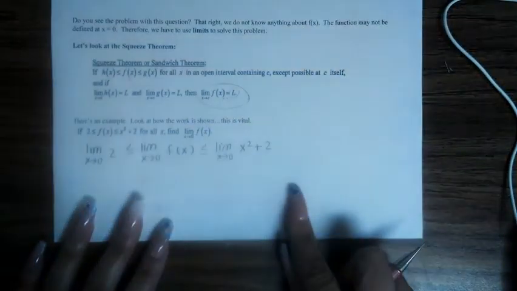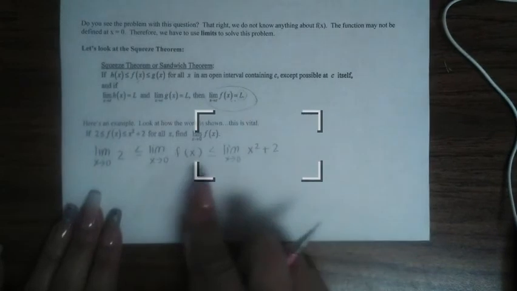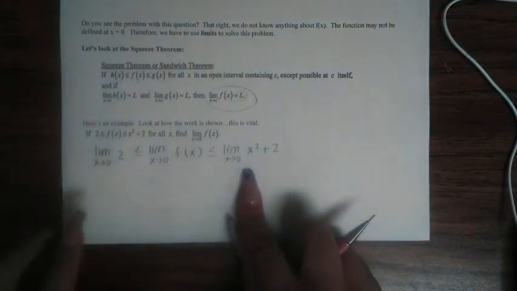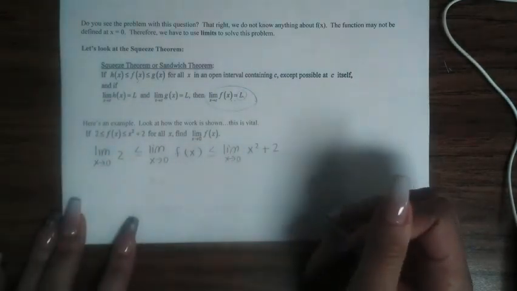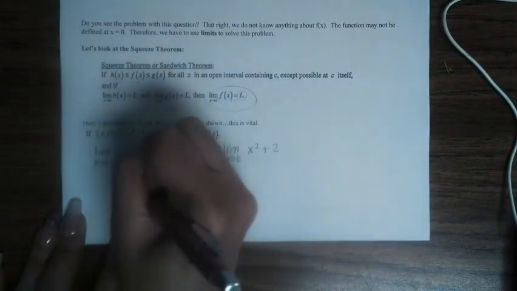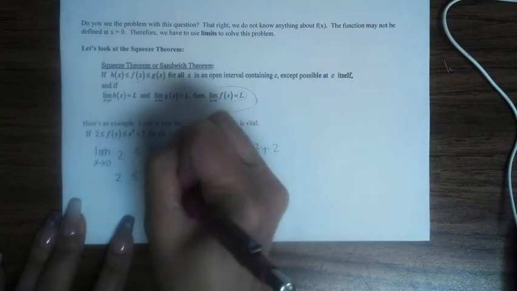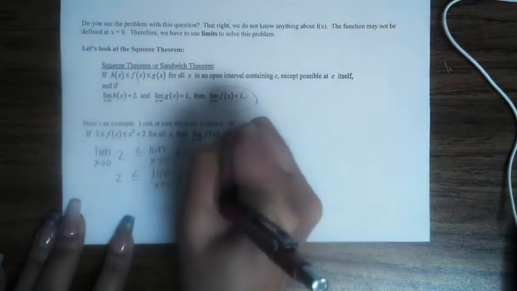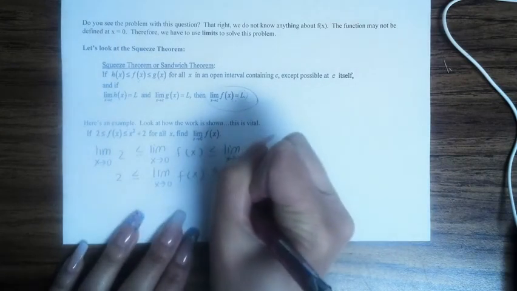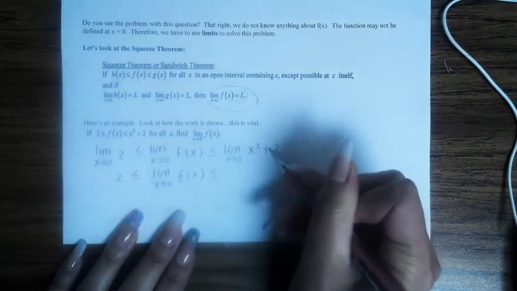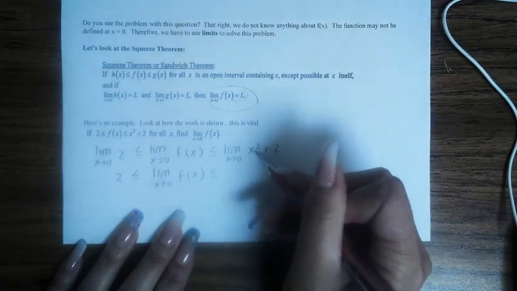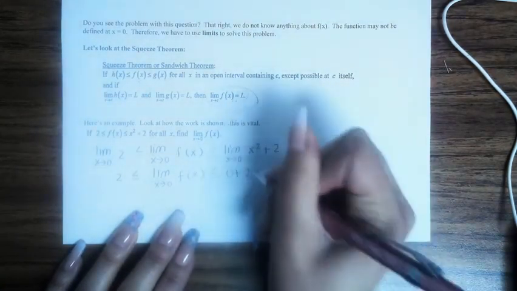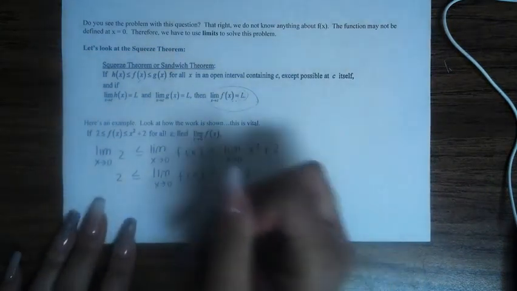Now, looking at this situation, you realize it's pretty simple to find the limit of this one. What is the limit when x approaches 0 of 2? That one is going to be 2, which is less than or equal to the limit of f of x, and we cannot compute this because we don't have enough information about f of x. But it's less than or equal to this other one, which we can compute. When you put the 0 here, you have 0 plus 2, meaning this is equal to 2.